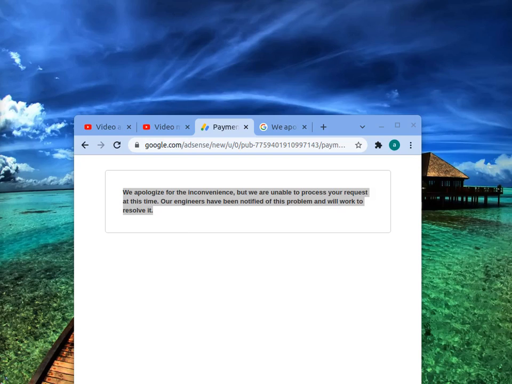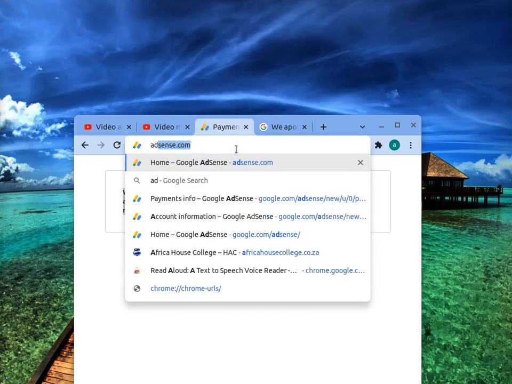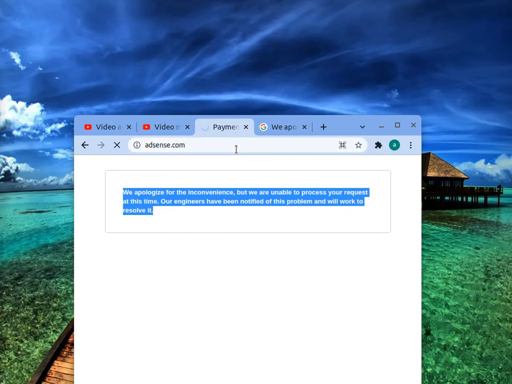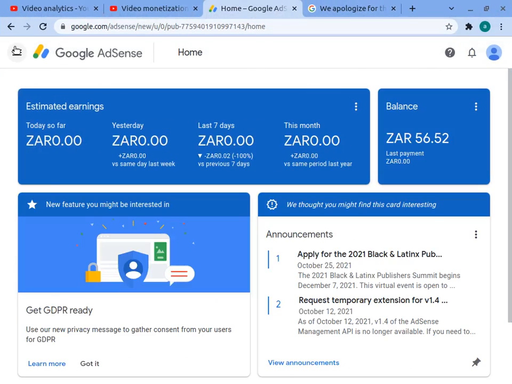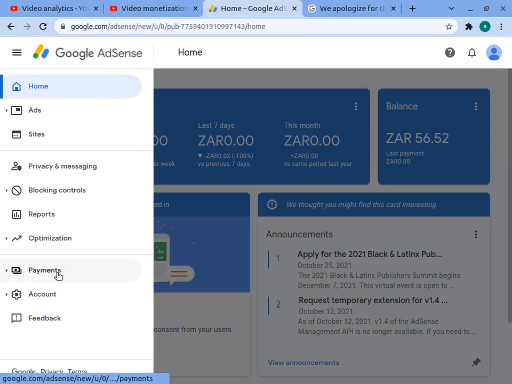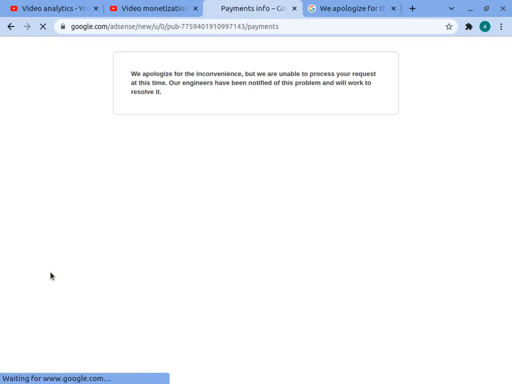So I came across this issue when I was trying to access my AdSense. Yes, I can access AdSense, but if you try to go to payment or account, you get this.